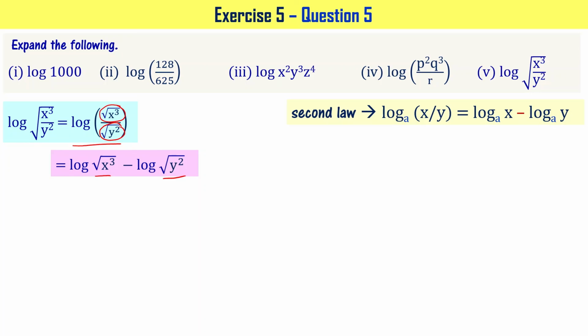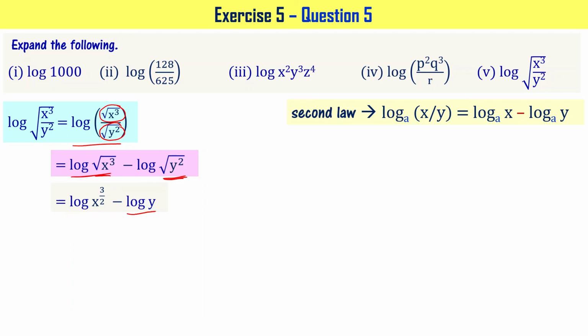Square root of x cube can be written as x power 3 by 2, right? That's why I have written this particular term as log of x power 3 by 2, right? Now I have here square root of y square, that becomes just y, right? Now I have log of x power 3 by 2 minus log y.